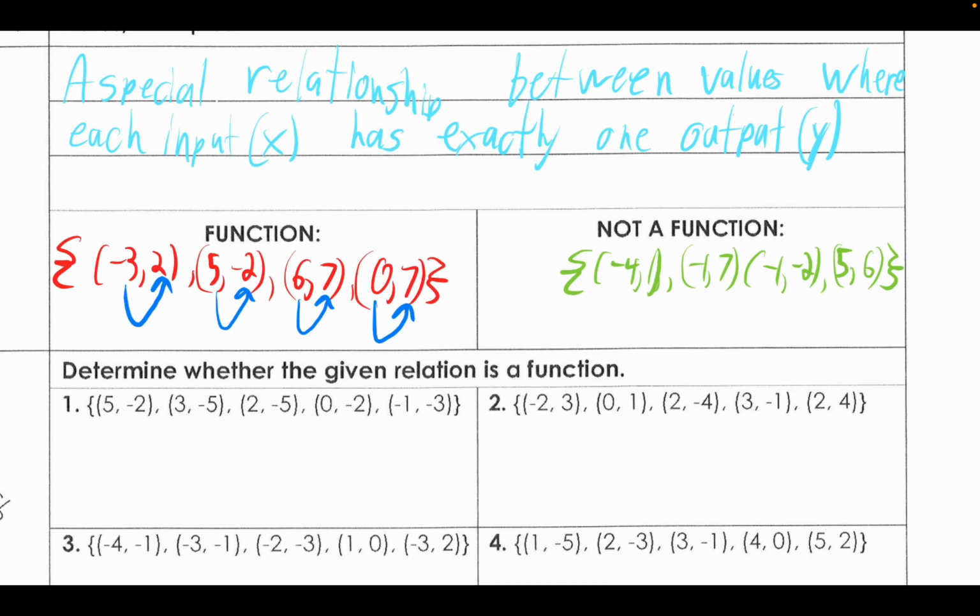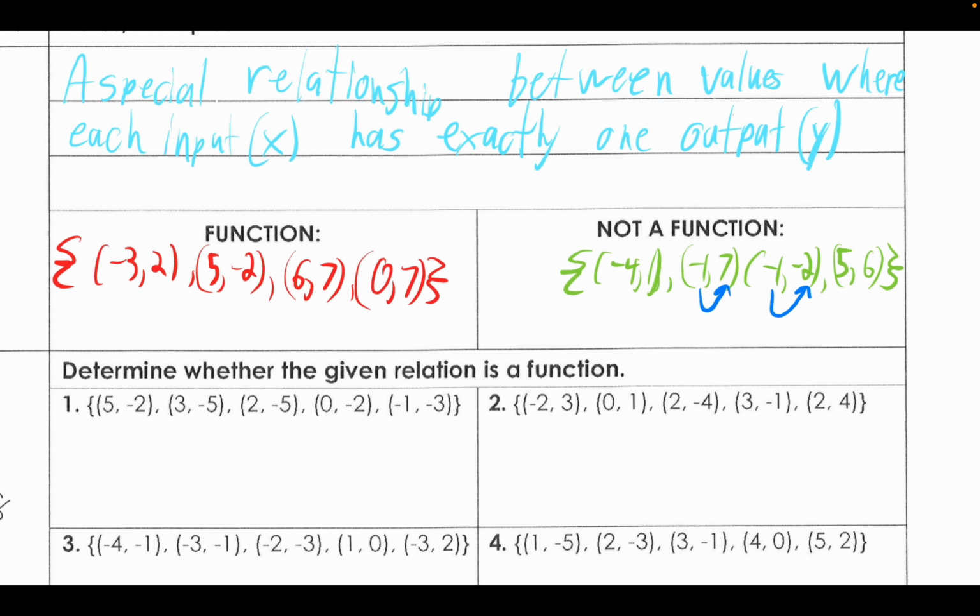They happen to be the same. That's okay. What is not okay is over here where you have -1 going to 7 and -1 going to -2. So -1 goes to 2 different y values and the x's repeat. So when the x's repeat or you have an x going to multiple y values, it is not a function. But when the y's repeat or you have multiple x's going to the same y, that is still a function.